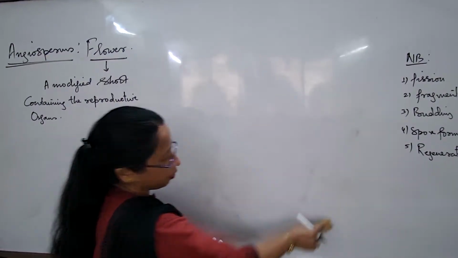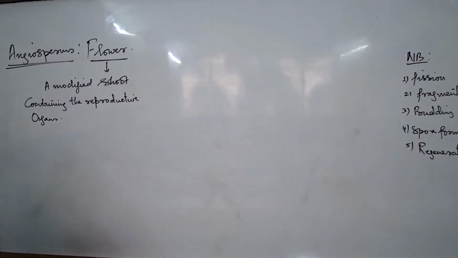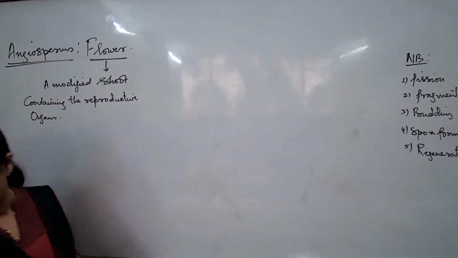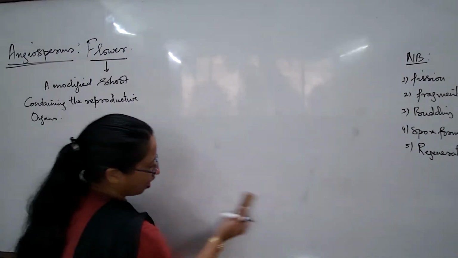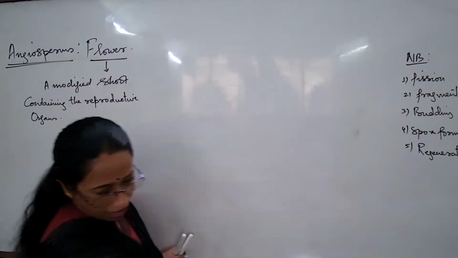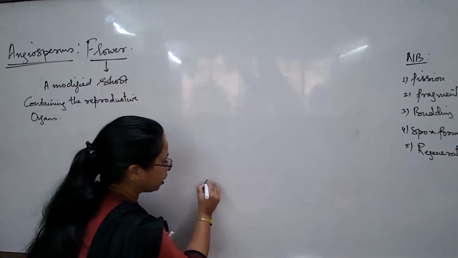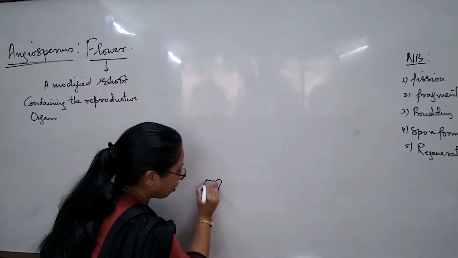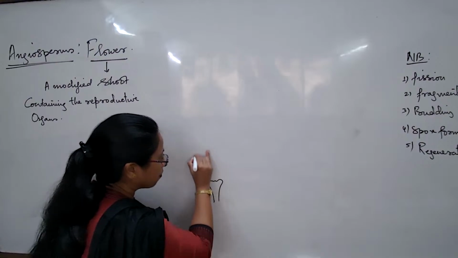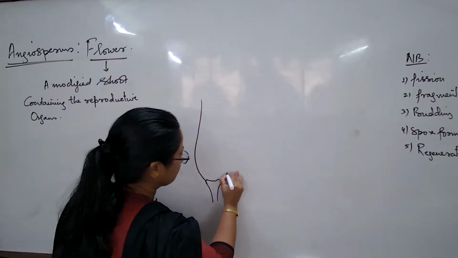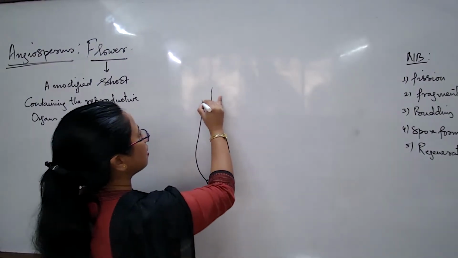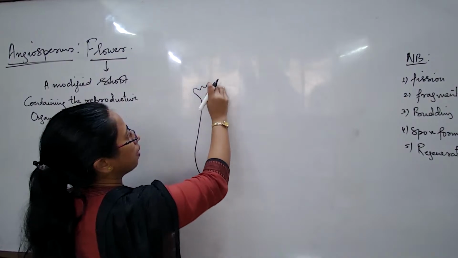When we are talking about the parts of the flower and its organs, try to understand the functions of each of these parts. We talk about a particular flower and its parts.